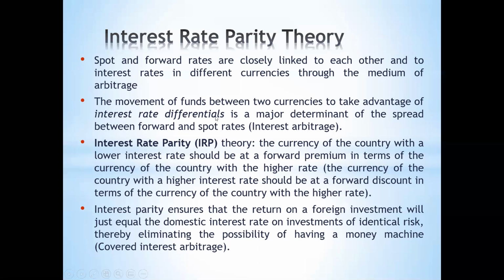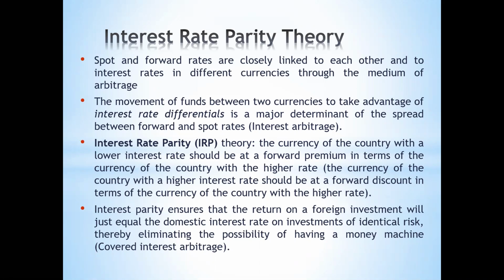Now here we are dealing with interest rate differences for financial assets, maybe treasury bills, treasury bonds, or other financial assets or denominations. We are trying to find out how interest rate differentials affect exchange rate determination.